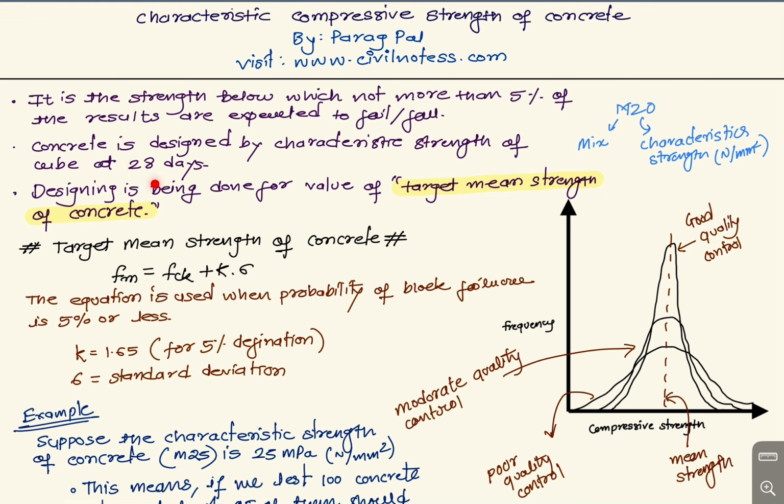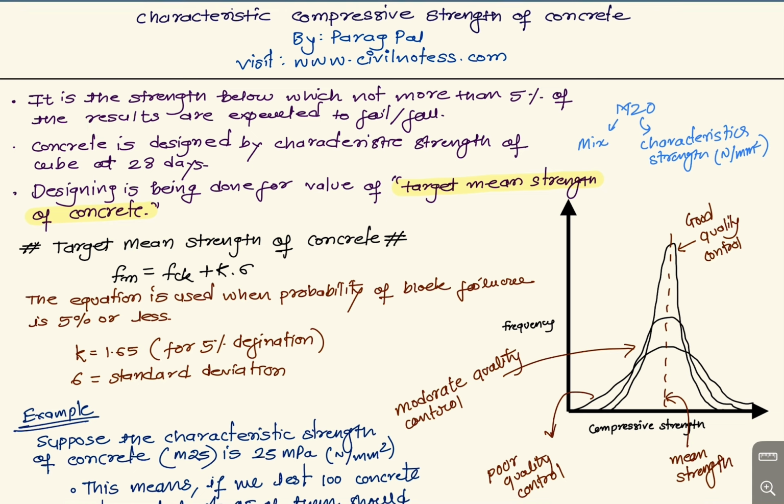This is the second concept, and the third concept is that designing is done for the value of target mean strength of concrete. So these three concepts that we are discussing right now, let me explain one by one. The first one: the strength below which not more than 5% of the results are expected to fail or fall.